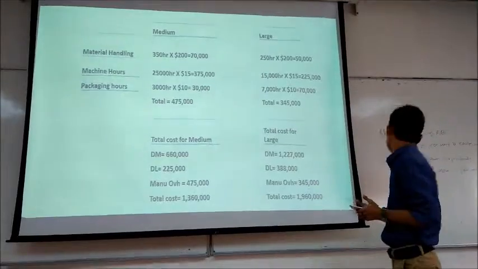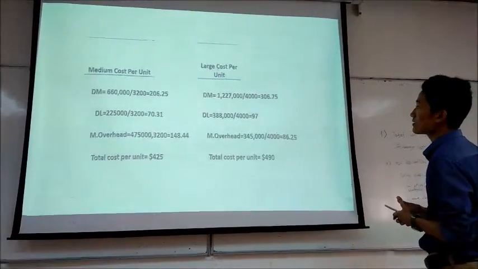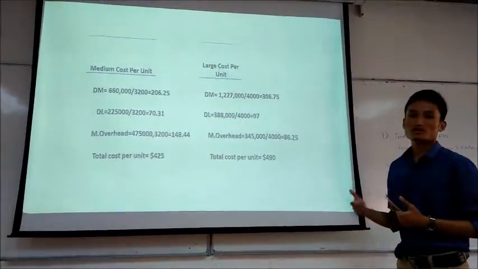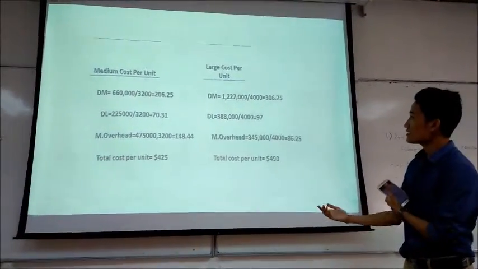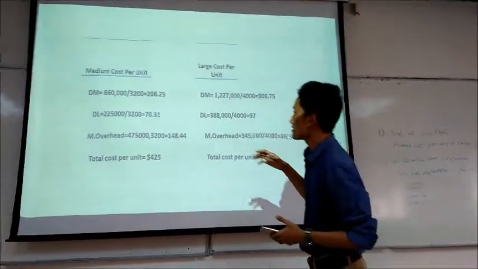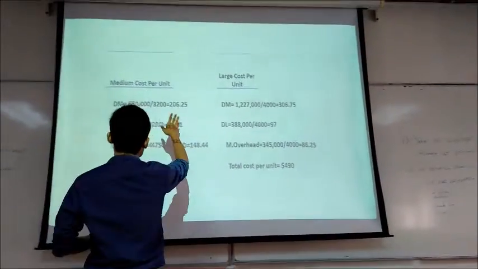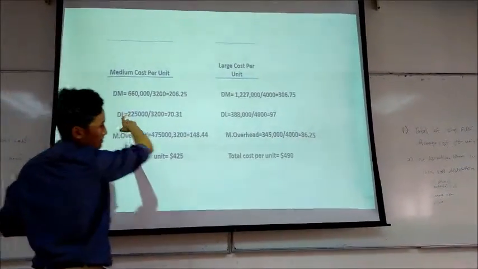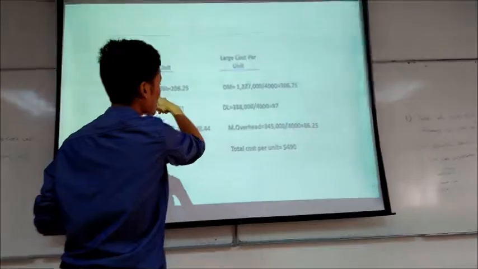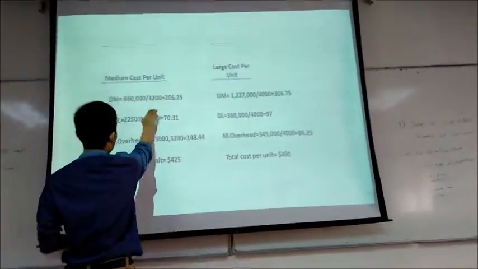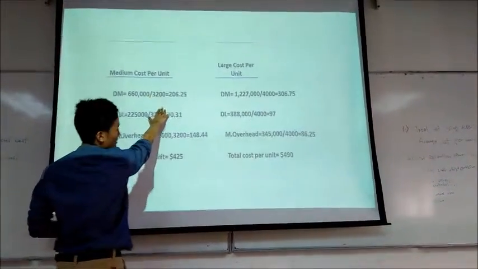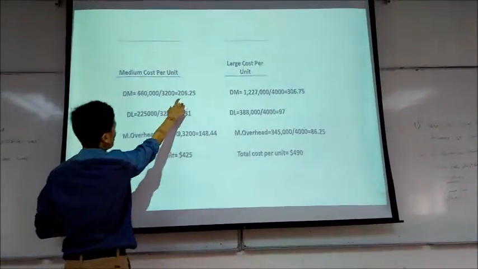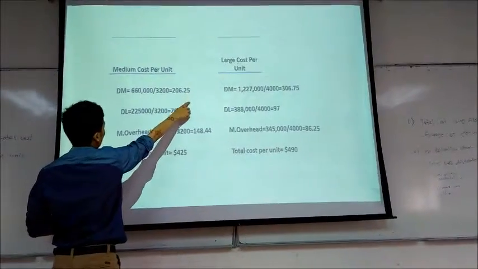Okay, moving on to the next question. So in order to calculate the cost per unit for the medium TVs, we have to divide 660,000, which is the total price of direct material, by 3,200, the volume. So we will get 206.25.